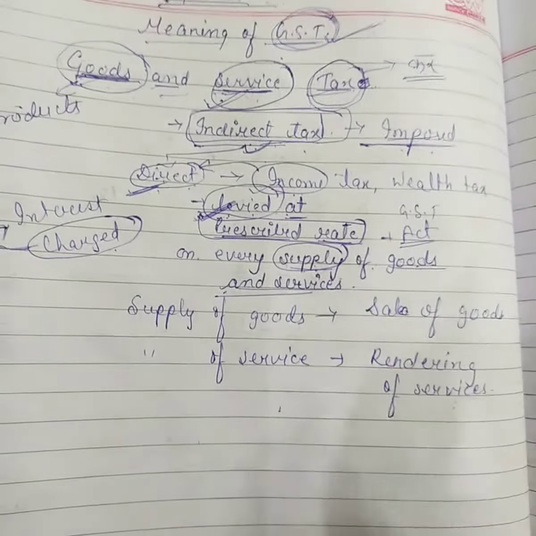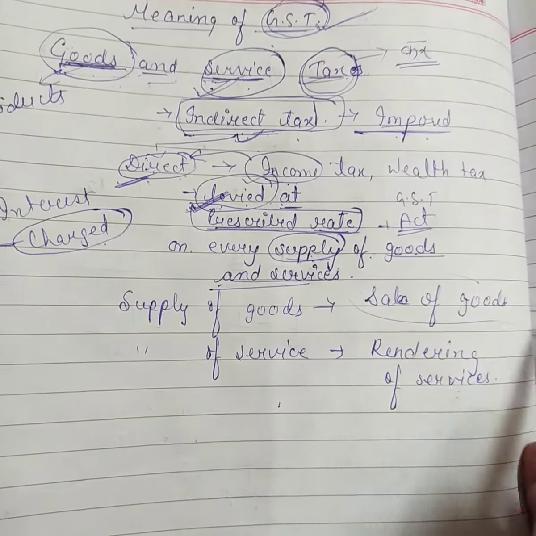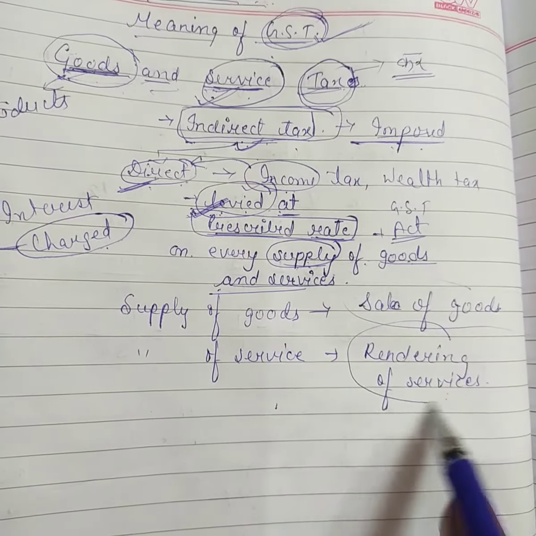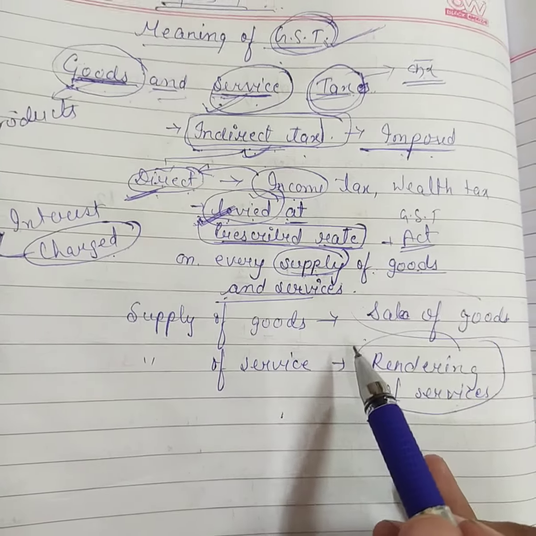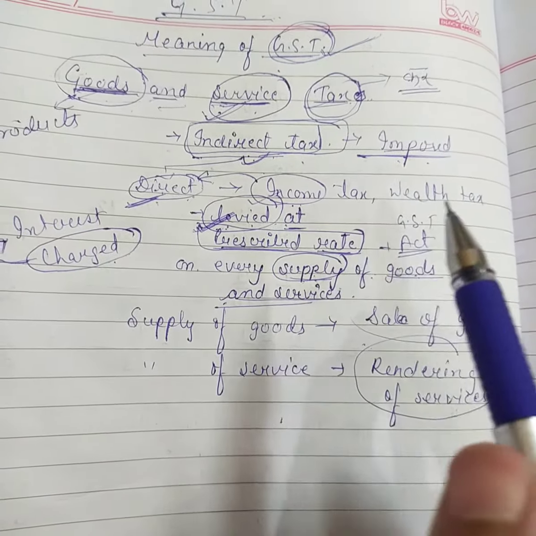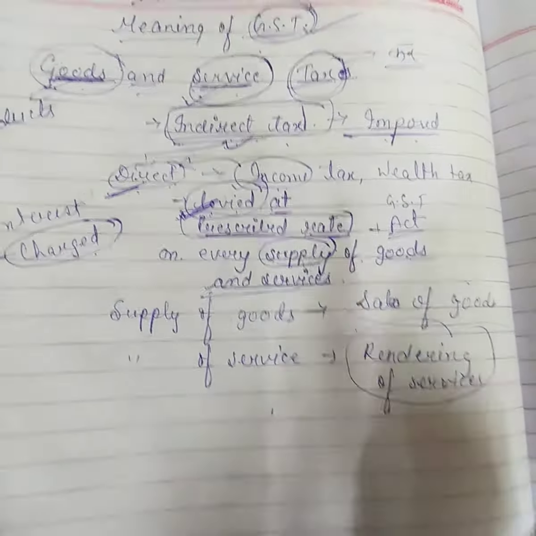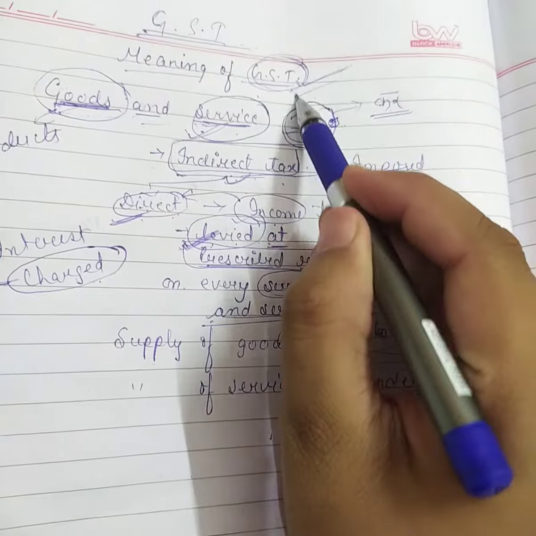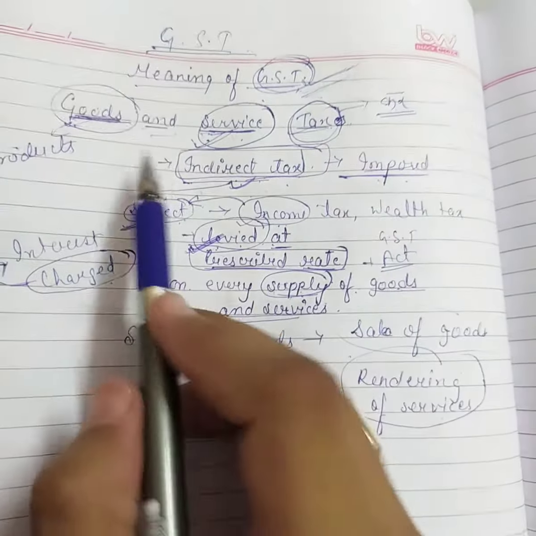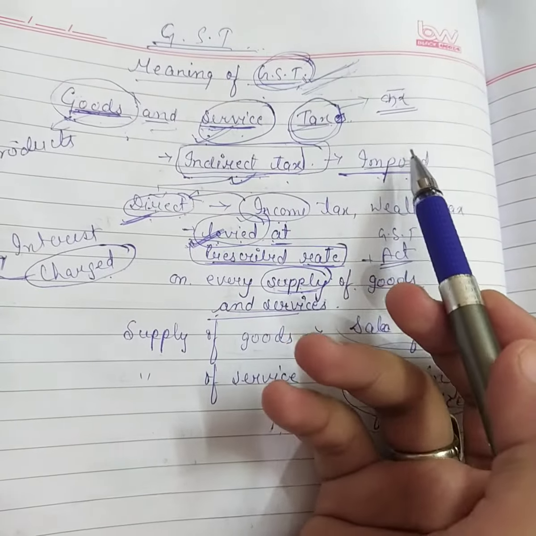Okay, so on each sale of goods and on each rendering of services at a prescribed rate, the tax is levied, and that tax is called GST. Okay, goods and services tax.